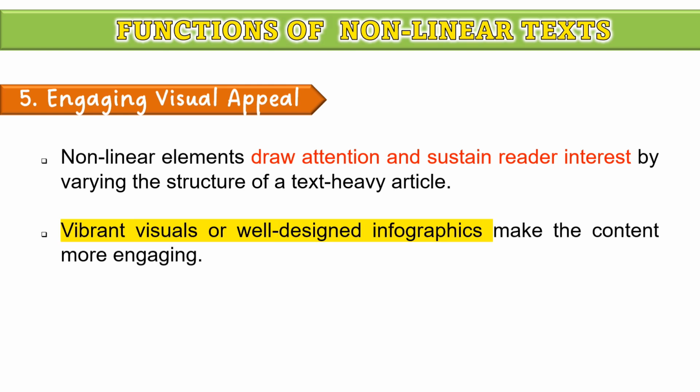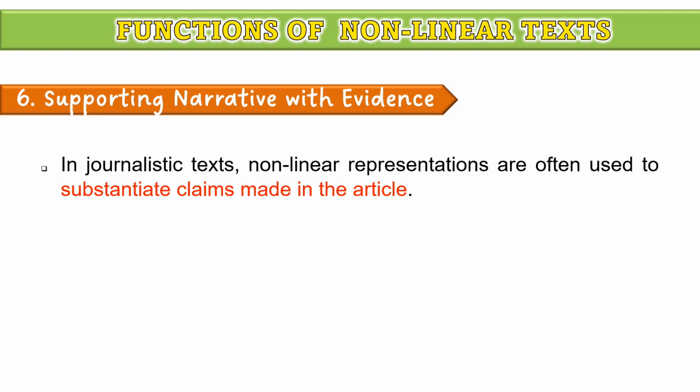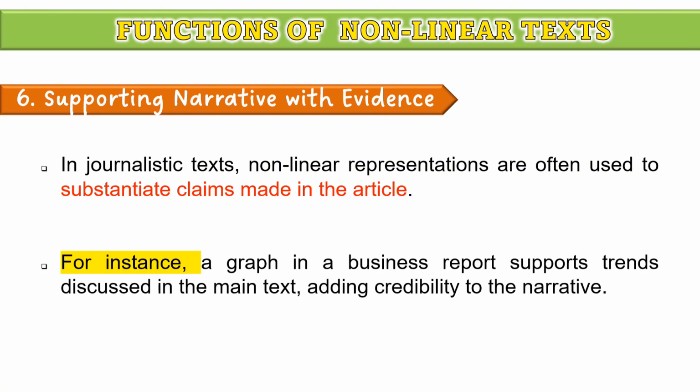Vibrant visuals or well-designed infographics make the content more engaging. 6. Supporting narrative with evidence. In journalistic text, nonlinear representations are often used to substantiate claims made in the article. For instance, a graph in a business report supports trends discussed in the main text, adding credibility to the narrative.